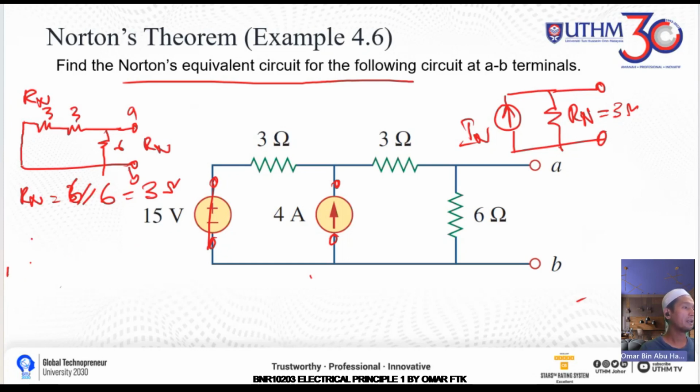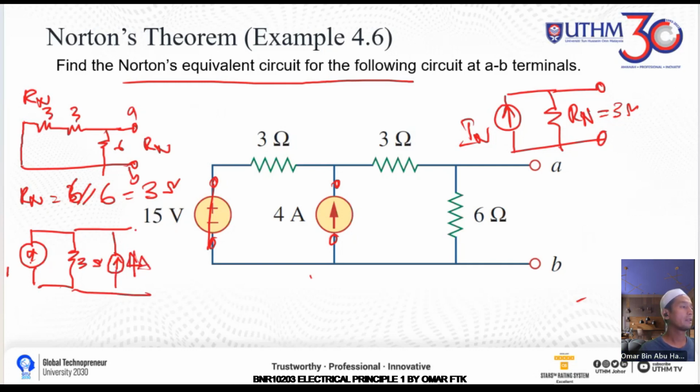That means you will have a current source here, and then a 3 ohm resistor, and then you will have the 4 ampere current source, and then we have a 3 ohm resistor, then short circuit IN.